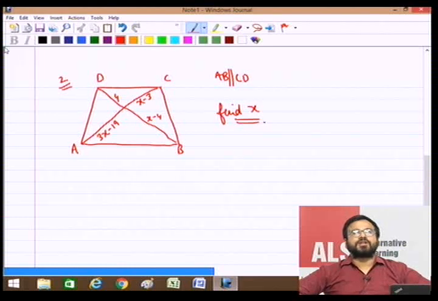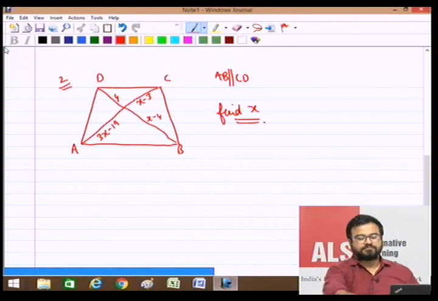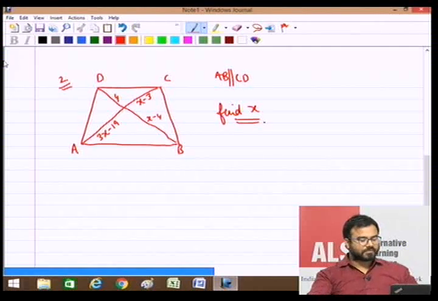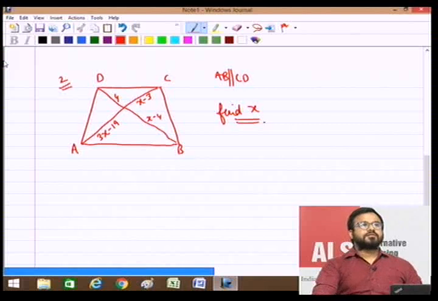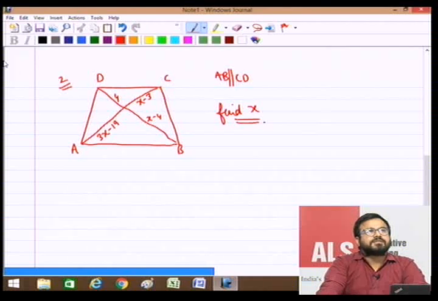Try to apply the property of the trapezium, that diagonals of a trapezium divide each other proportionally. Quickly do this. Do it fast.